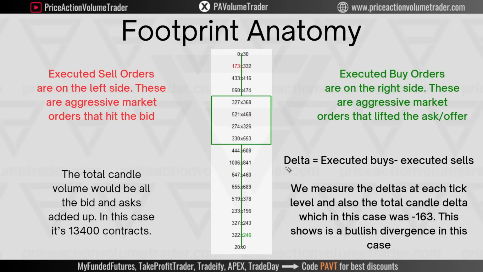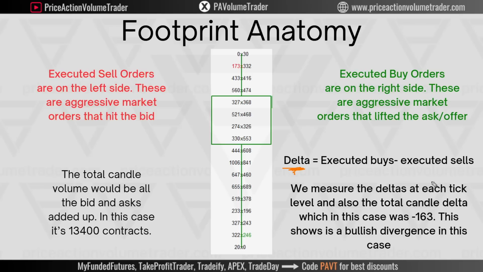Okay. And now let's talk about delta. This is a very, very important concept. Delta is something that I use on all my day trading strategies. There are different ways to work with delta. We're going to be talking specifically just about delta on the footprint. So delta refers to the executed buys minus the executed sells.